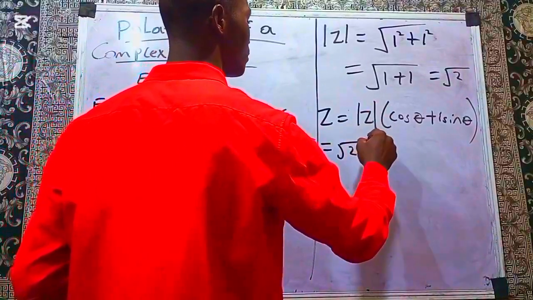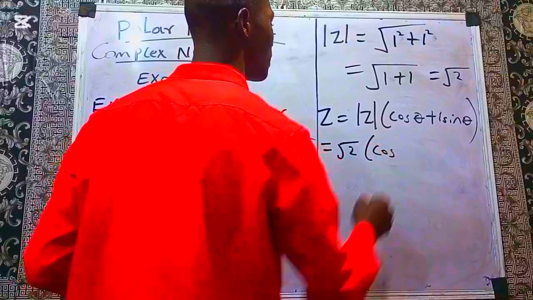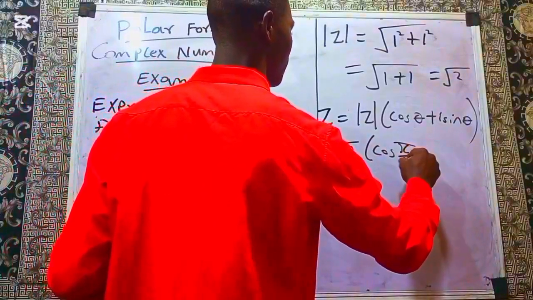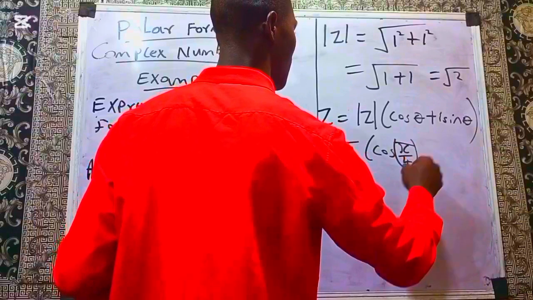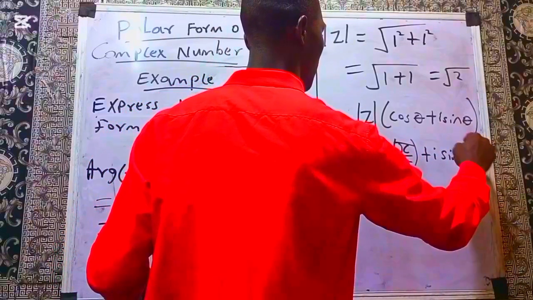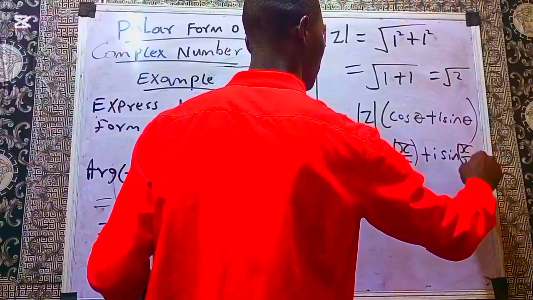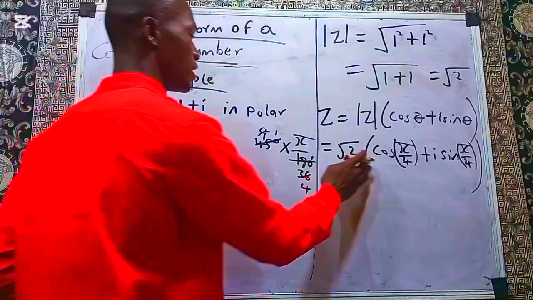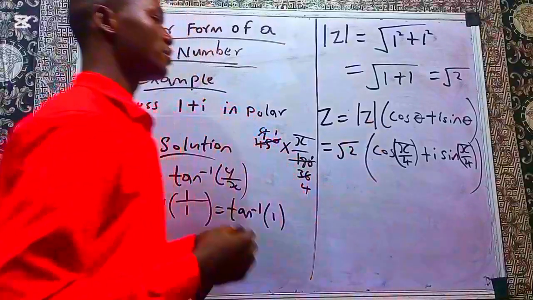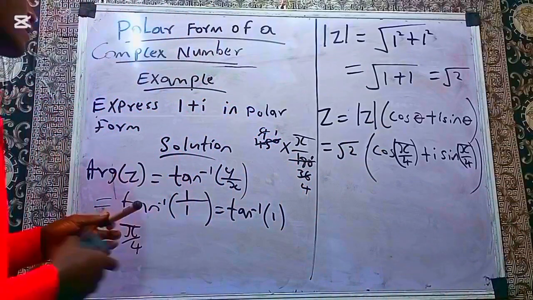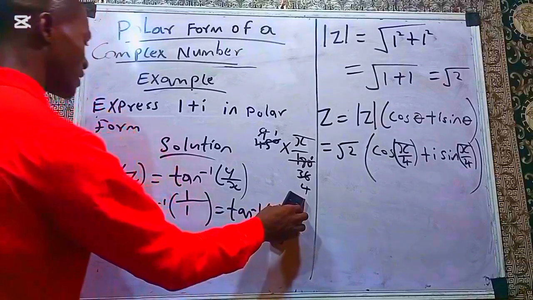Square root of 2 into cosine of the principal argument, pi over 4, plus i sine pi over 4. So with this, we have expressed this complex number in polar form. Quickly, we can solve more examples.